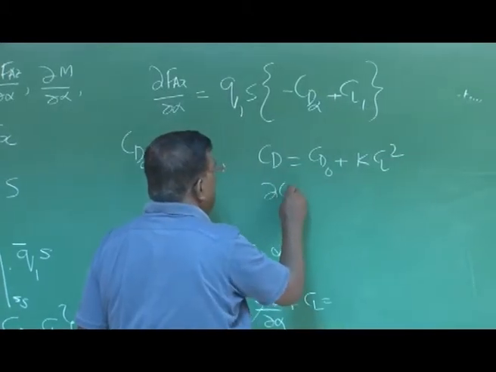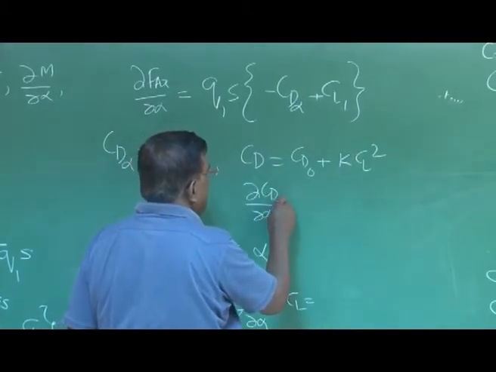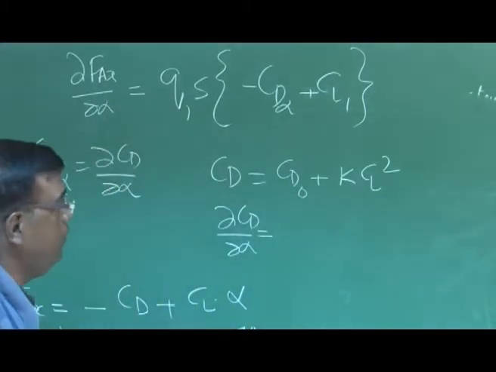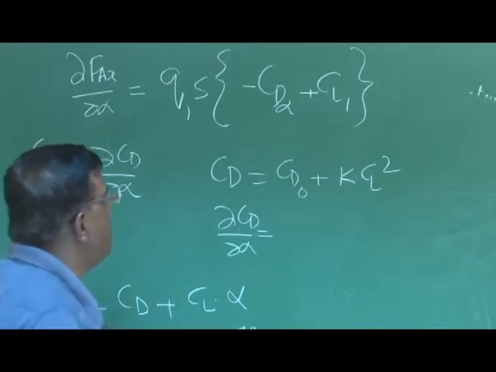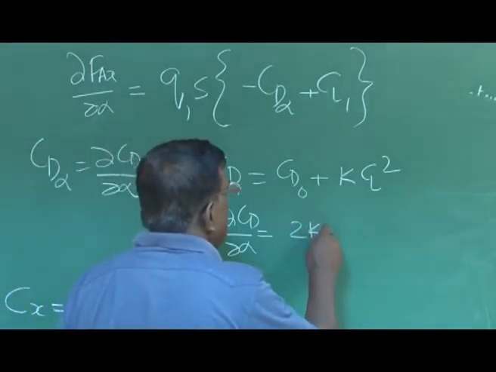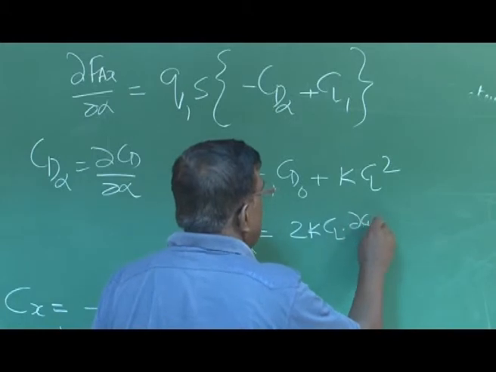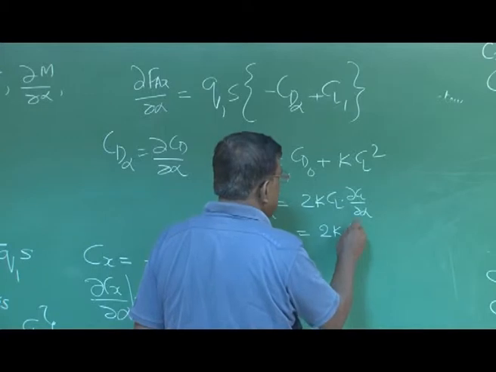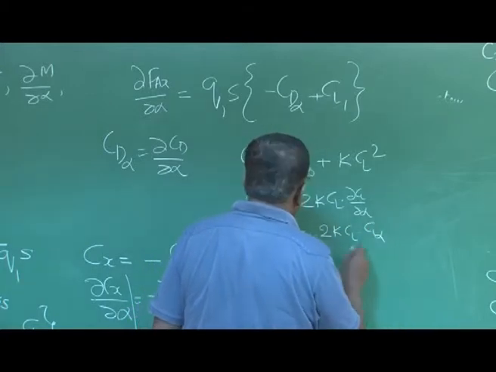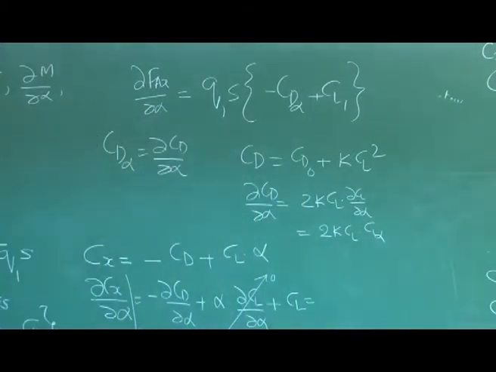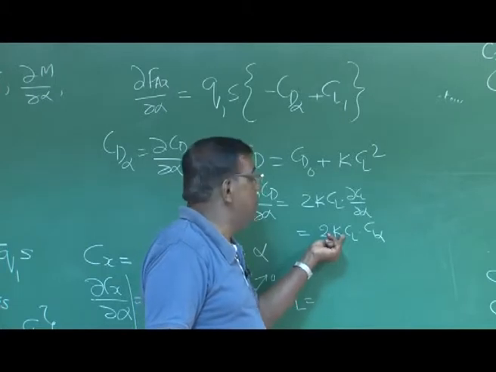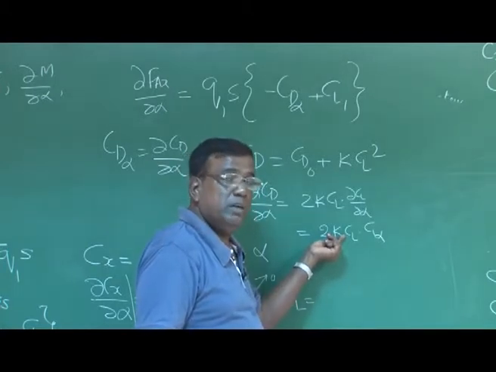So I can easily find out dCd by d alpha as, if I assume Cd naught is constant with angle of attack for small angles, this will be 2k Cl into dCl by d alpha. So this will be 2k Cl into Cl alpha. So you could see easily that I can find out the value of dCd by d alpha if I know what is the aspect ratio of the wing, because k is nothing but 1 by pi aspect ratio e.